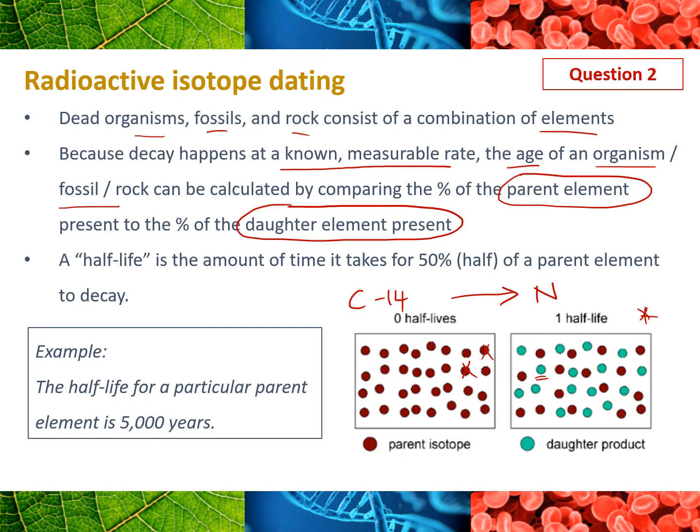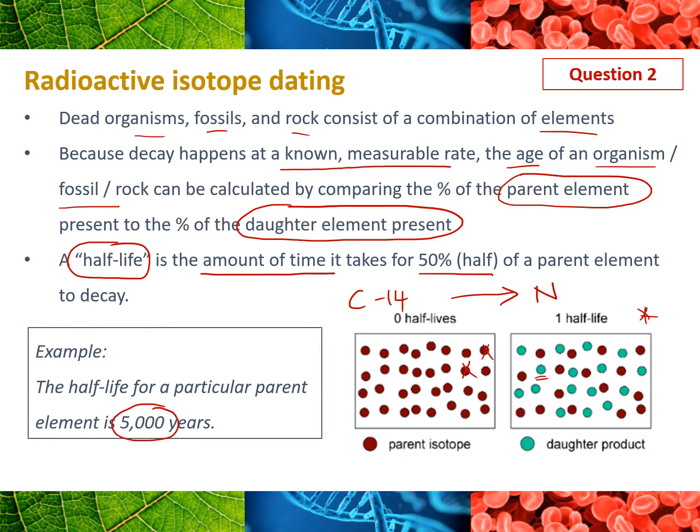This term is really, really important: half-life. We'll look at lots of examples of this. A half-life is the term that we use for the amount of time that it takes for half, or 50%, of the parent element to decay into the daughter element. For example, we could say that for a particular element, the half-life is 5,000 years.